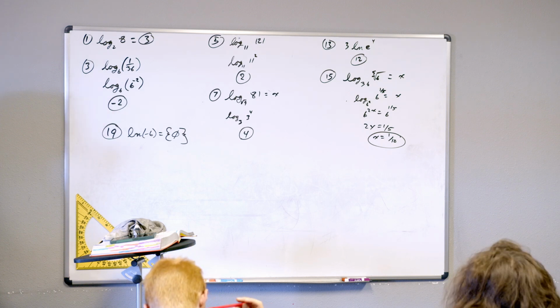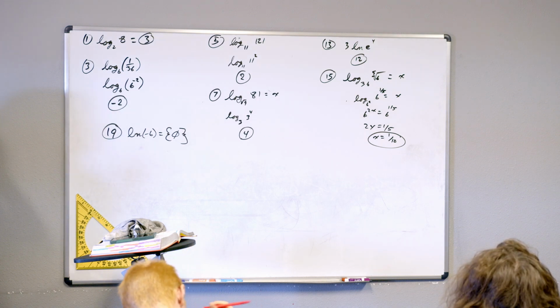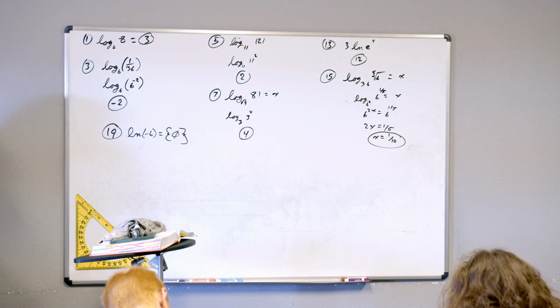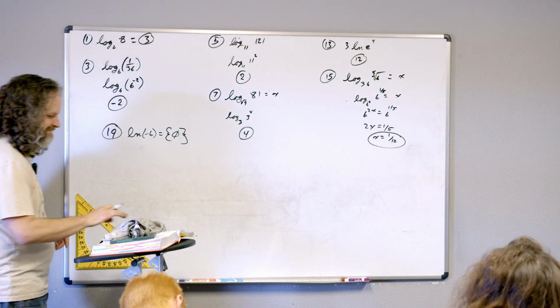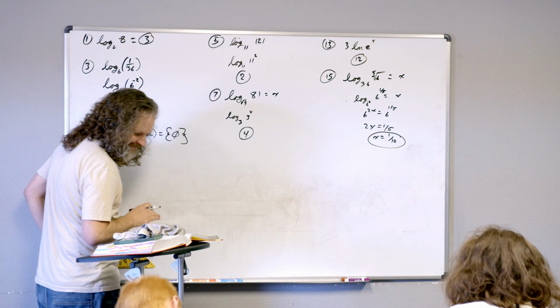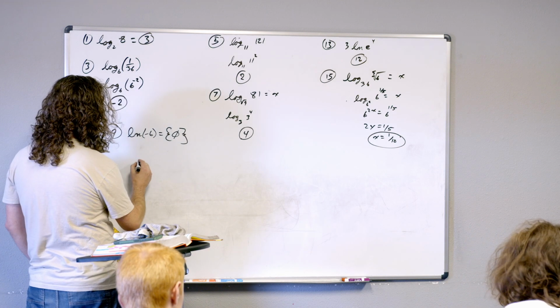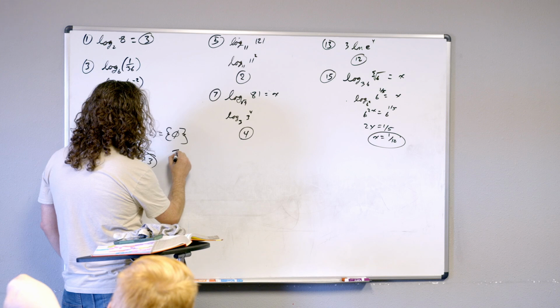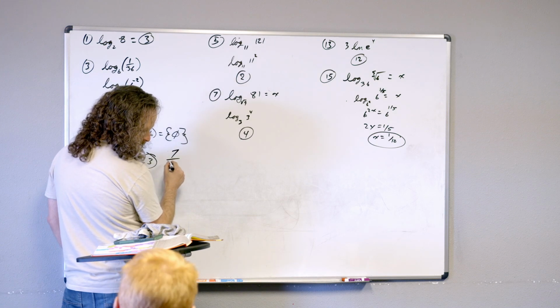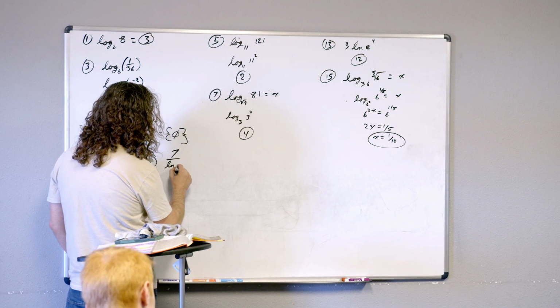You can't take the log of a negative because it doesn't exist over there. Number 23 is a dumb problem.